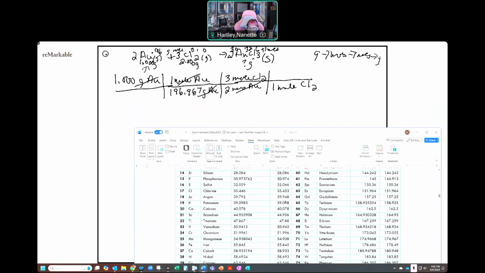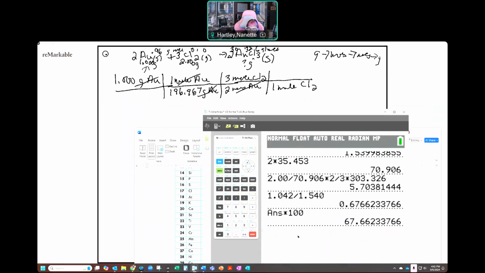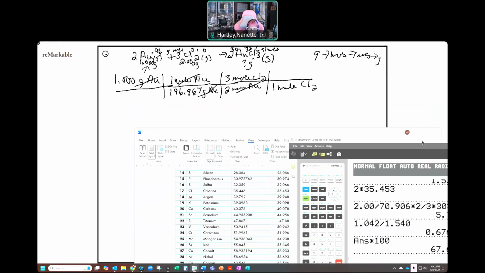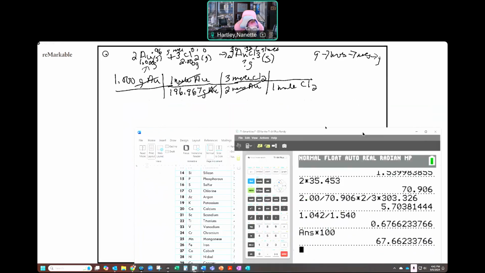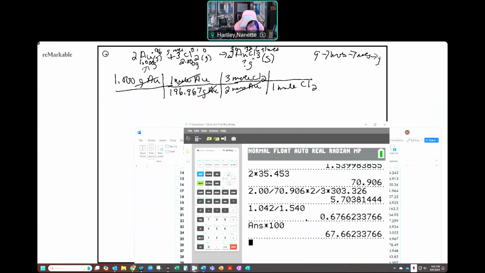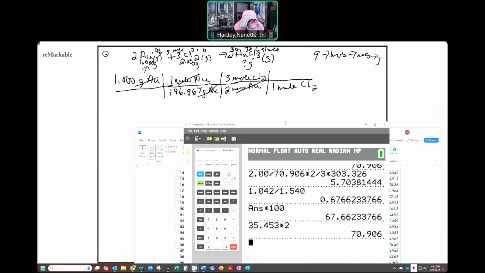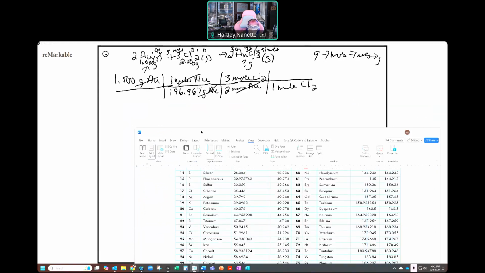So 35.453 is the mass of Cl. We multiply that by 2, and that gives 70.906. So this mass right here is 70.906 grams of Cl2 in 1 mole of Cl2.